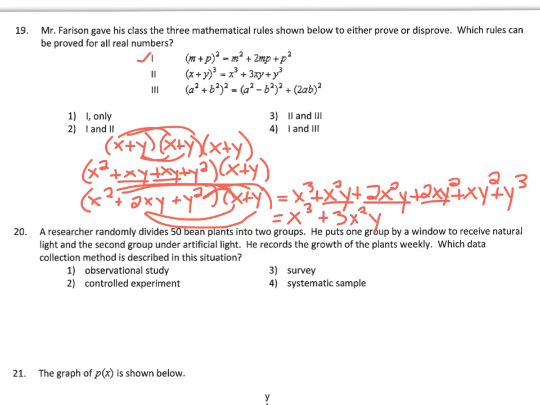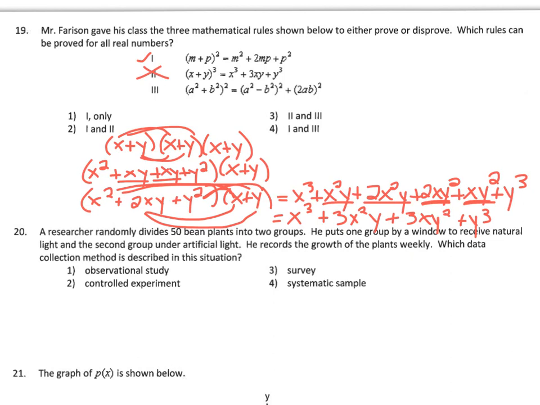Then I can combine the 2xy squared with the xy squared to give me 3xy squared, and I bring down the y cubed. Again, you'll see that this is not equivalent to the right-hand side, so that doesn't work.